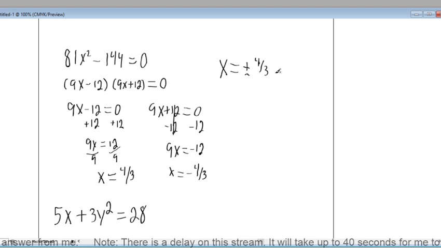So our factoring skills can come in handy when solving these things. Again, the original equation, we could add 144 to both sides to get rid of it here, then divide by 81 to bring it over here, and then take the square root. That's fine. If you want to do it that way, cool.